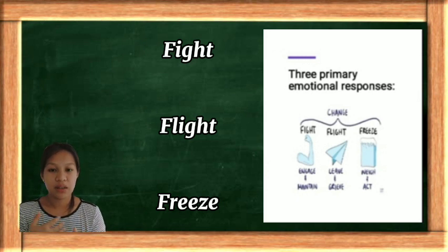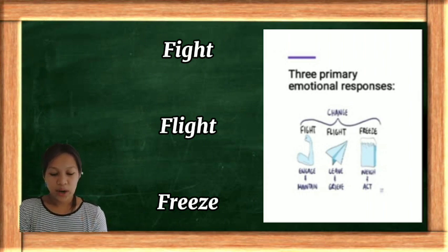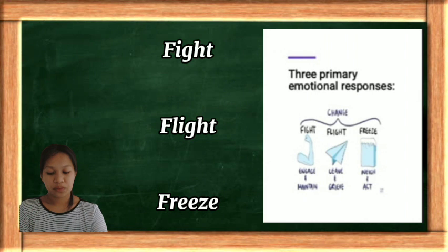This would mean grabbing the nearest solid object in the environment and throwing it at the snake to shoo it away. The flight response is when we move away from the adverse or dangerous stimulus. This would mean running away from the place, finding a new route where the snake cannot find you.